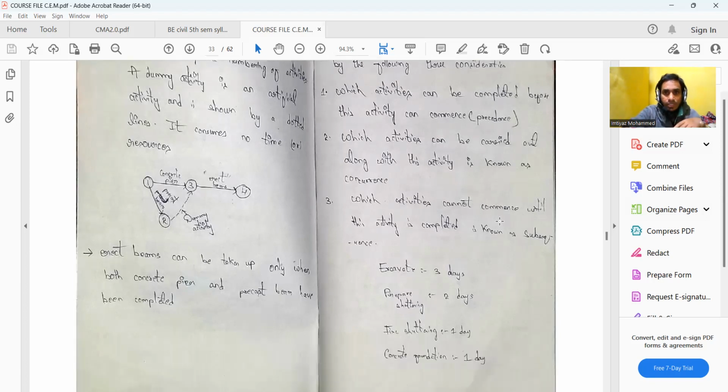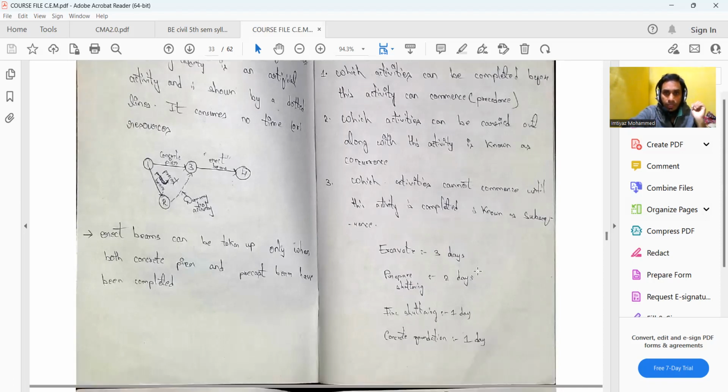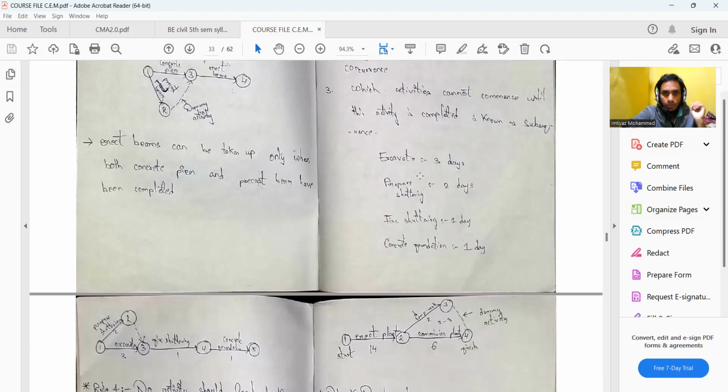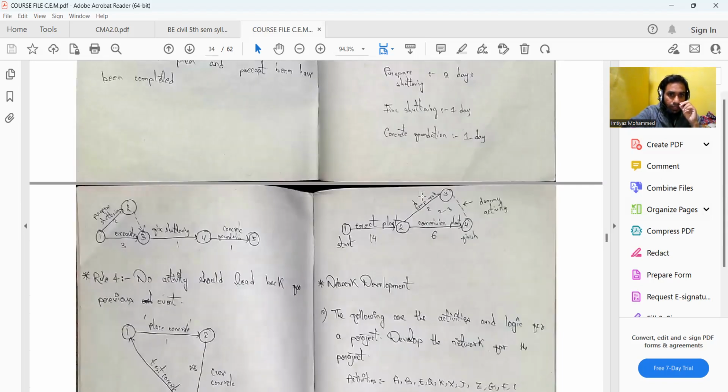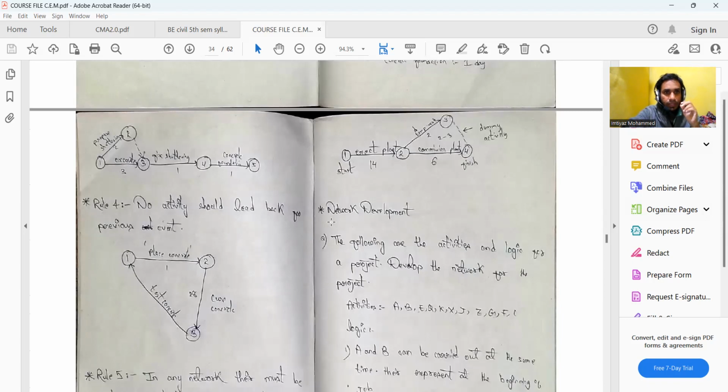Third, which activities cannot commence until this activity is completed, and that is known as subsequence. That is also shown with the help of a small example here. You can go through that example.